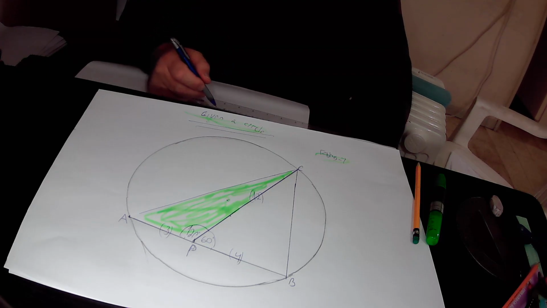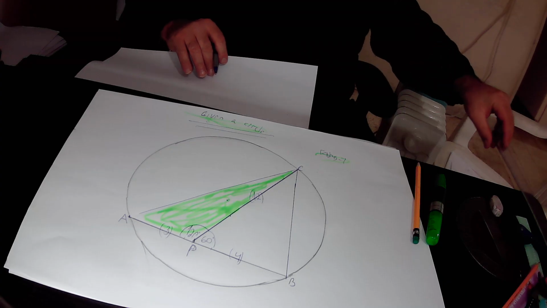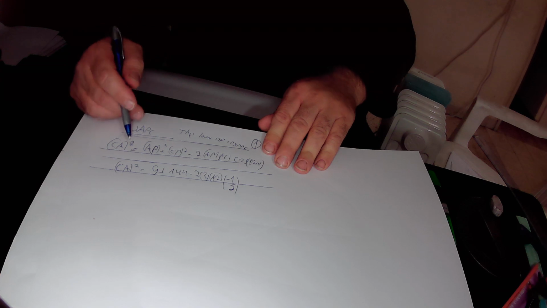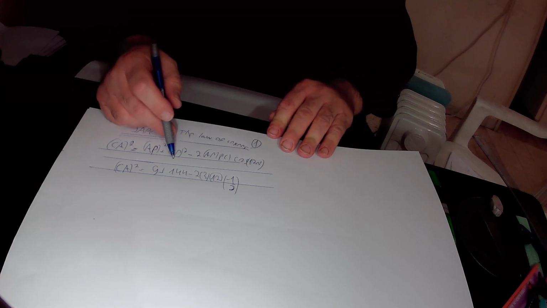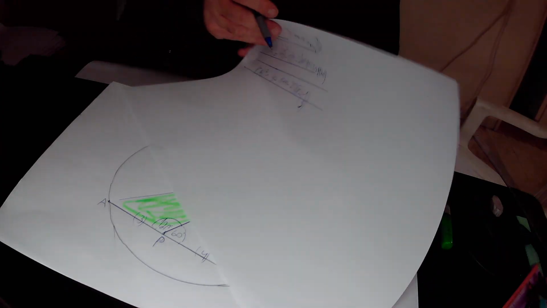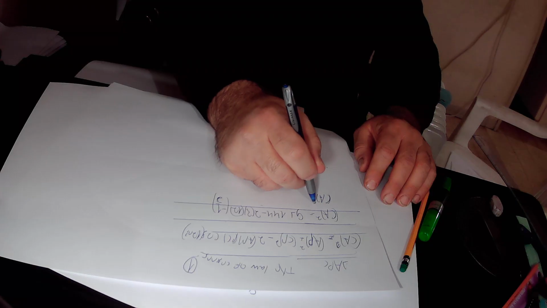Cosine 120 degrees equals minus 1/2. So CA squared equals 9 plus 144, that's actually 153.